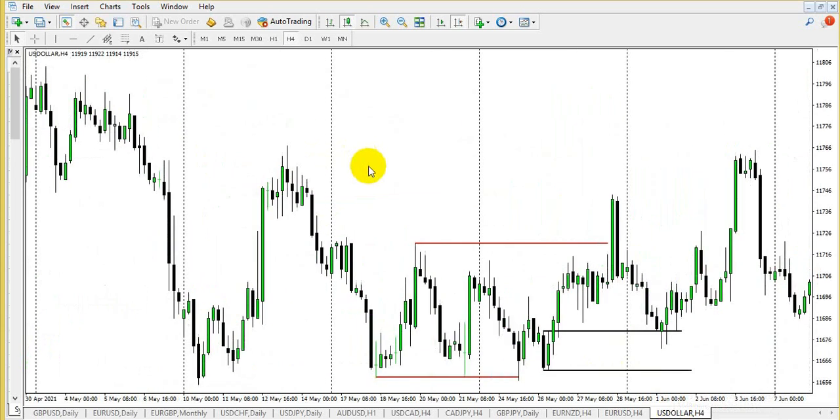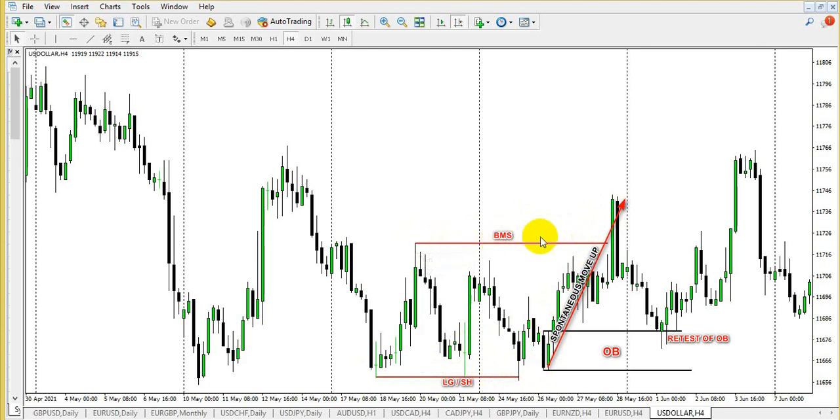Just like in Euro USD, in this case we have the same thing here. We have a liquidity grab, and an impulsive move away from that zone. After another block is created, we expect an impulsive move away from it that broke market structure.